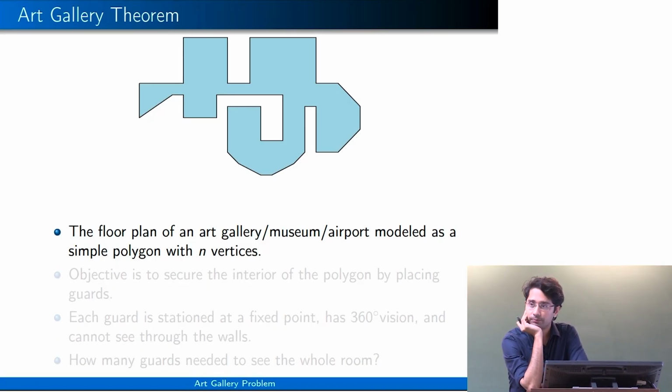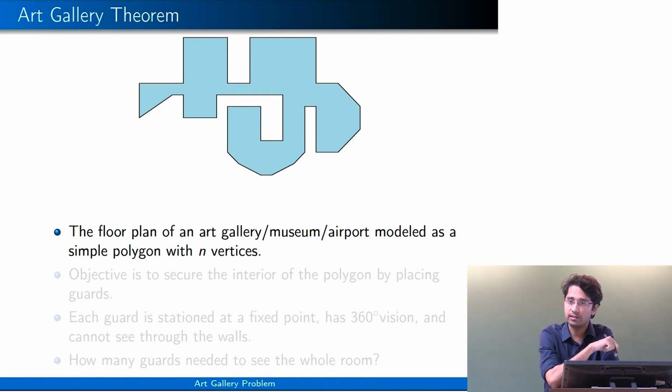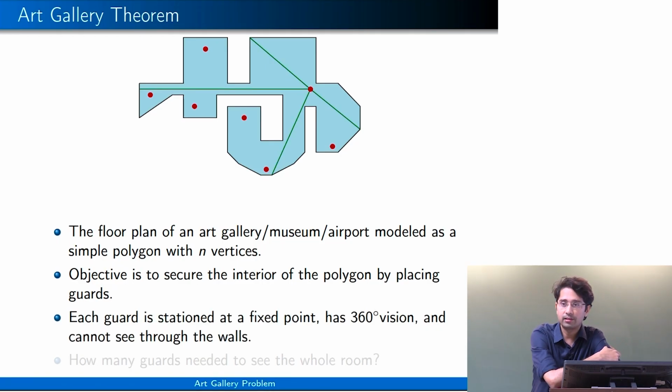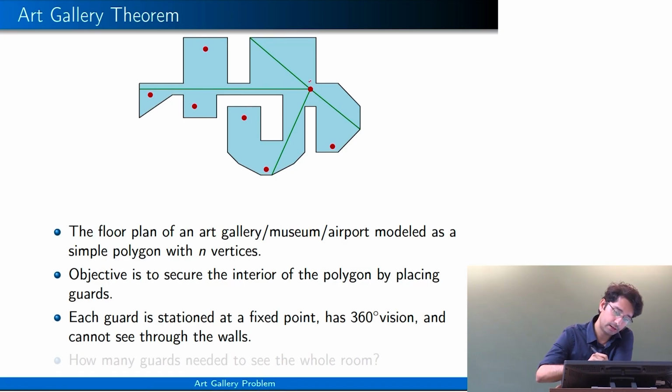So, we have a simple polygon and our objective is to place certain guards inside this polygon, so that every point of this polygon is guarded. What do I mean by every point is guarded? If I place the following guards, the red points are the guards. The guard here can see this point, this point, and these points.